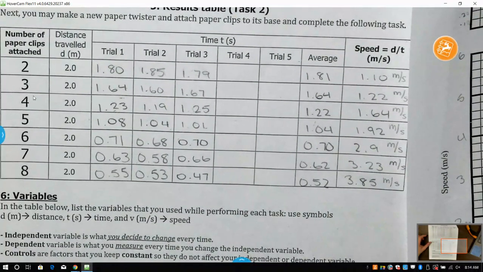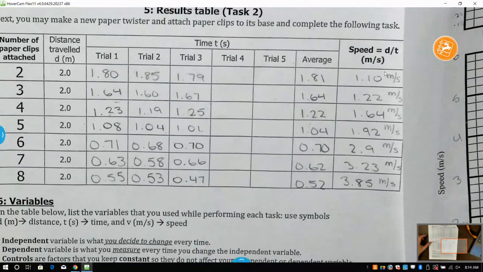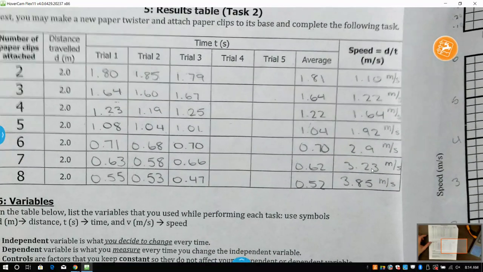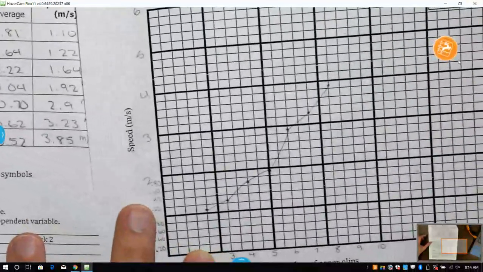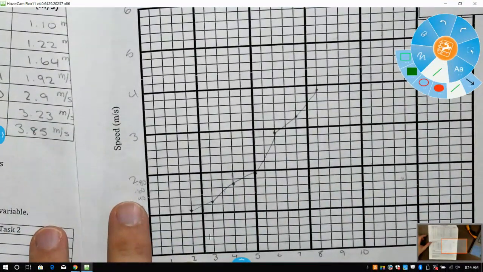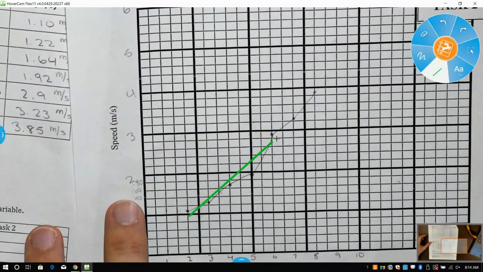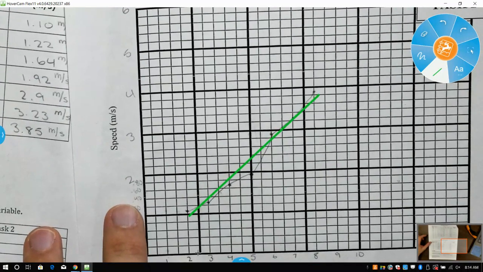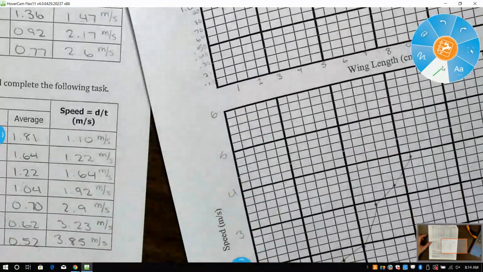By adding more weight with number of paper clips, you've seen that the speed wound up increasing. So it should be a directly proportional relationship, which is usually a positively sloped line like that. That's saying as one variable increases down here, our other variable is going to increase as well. It's a directly proportional relationship.